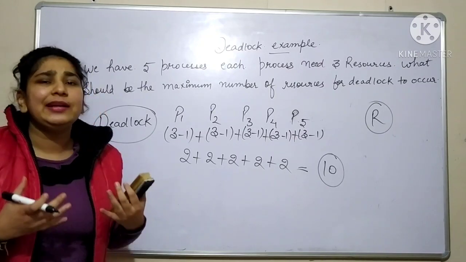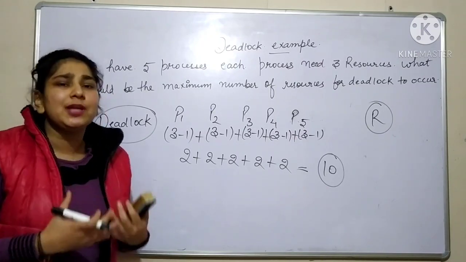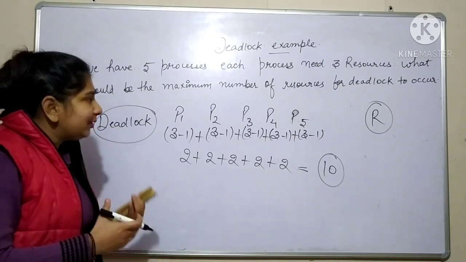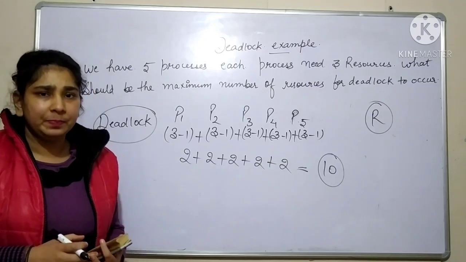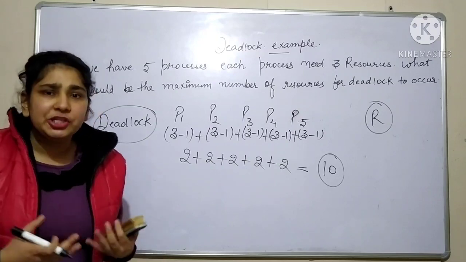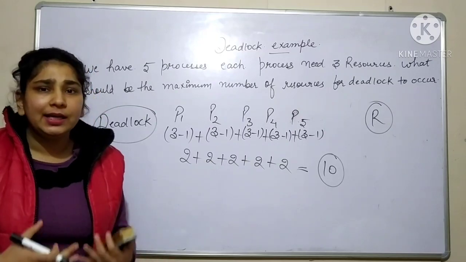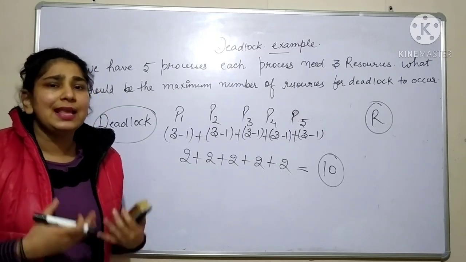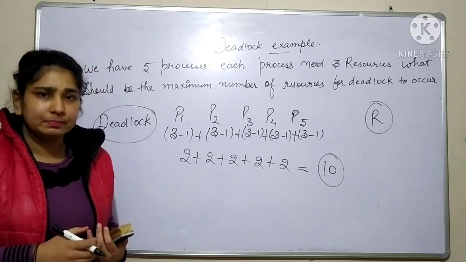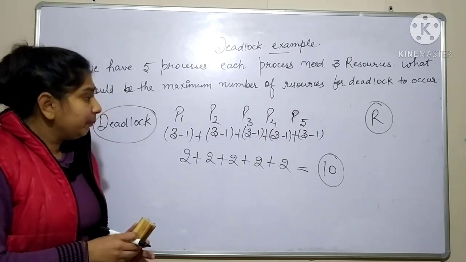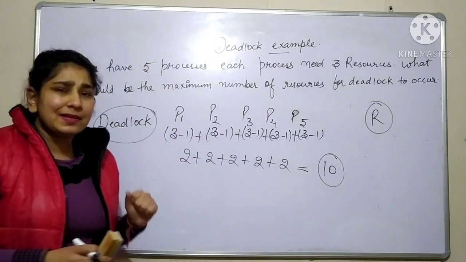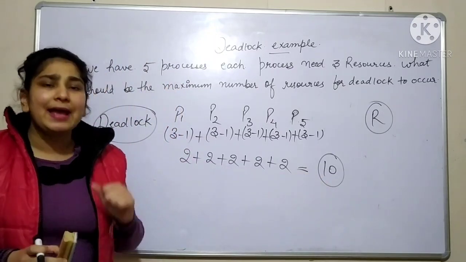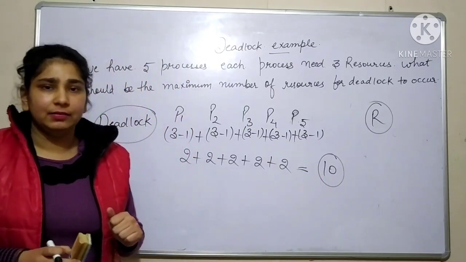I intentionally want each and every process to be stuck at some point so that no process can proceed further. So if we want deadlock to occur, the maximum resources we should have is actually 10.